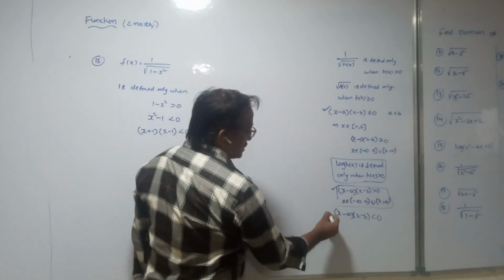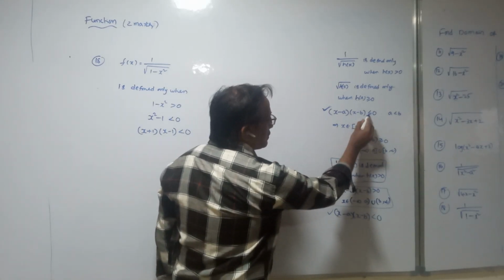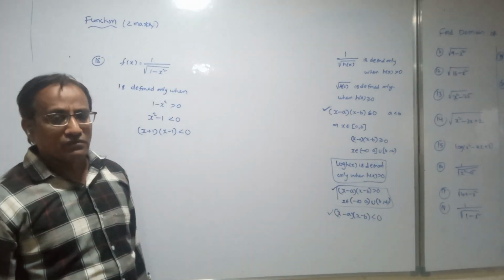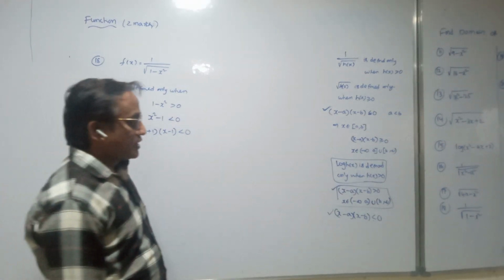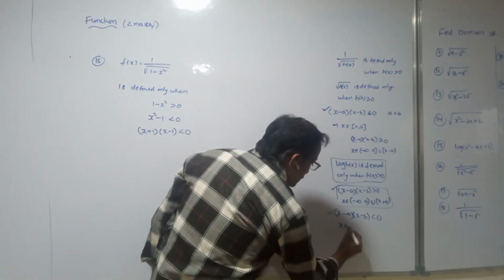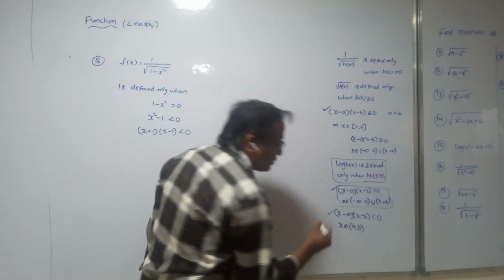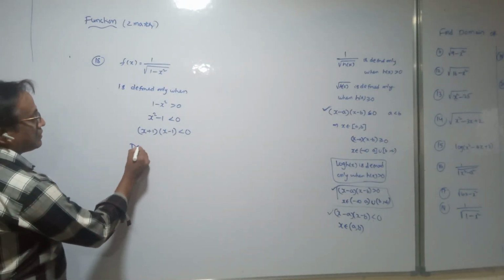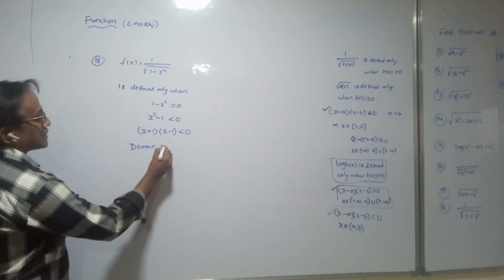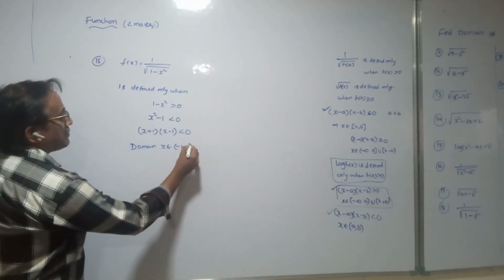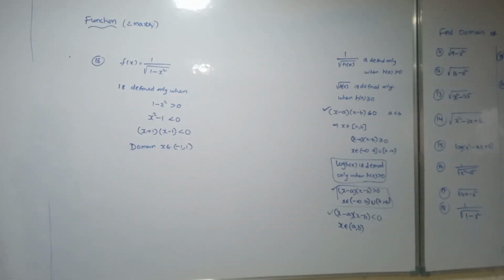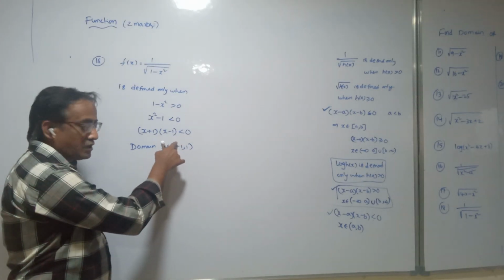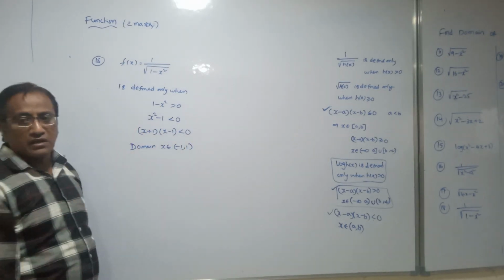The difference in these two forms is, here you have an equality symbol, here there is no equality symbol, only inequality. That means the domain here is going to be x belongs to open a comma b. So domain x belongs to open minus 1 comma 1. That is the domain. If you have equality, you need to write closed minus 1 comma 1.